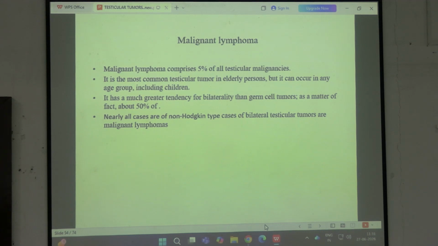On gross appearance, you are going to find a mass lesion, again whitish grayish. There can be areas of necrosis, and on microscopy you will find all the normal structures that are present, that is seminiferous tubules, the interstitium, everything is infiltrated by large atypical looking lymphoid cells.